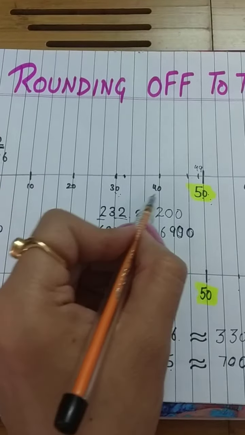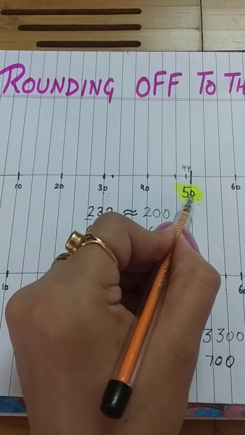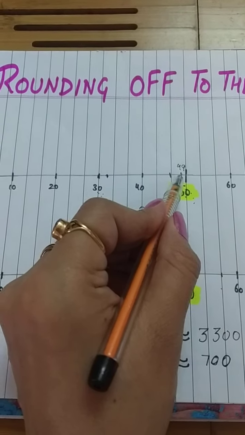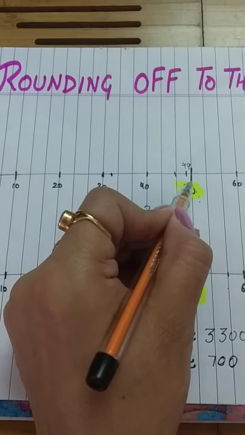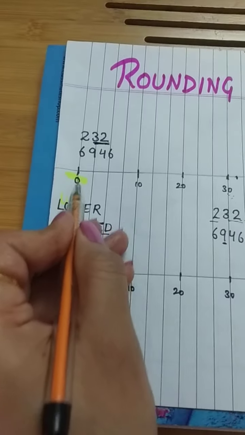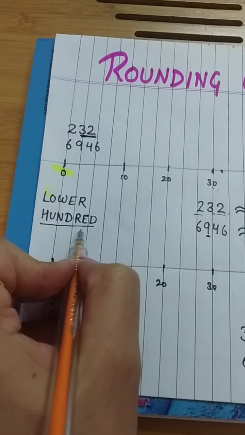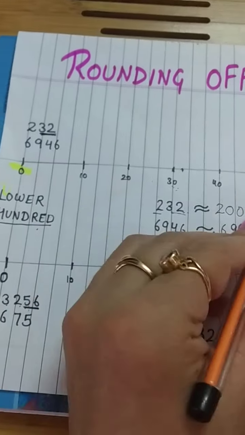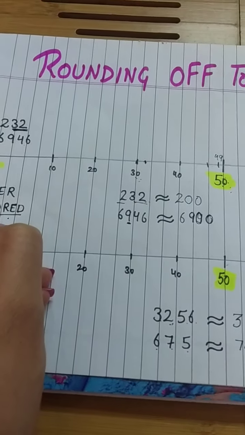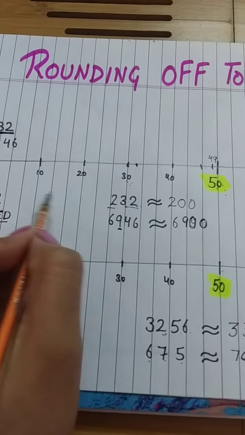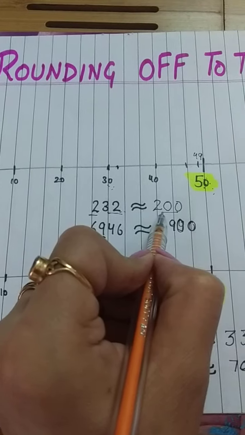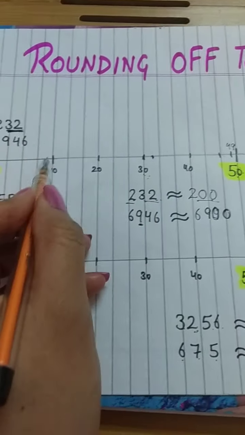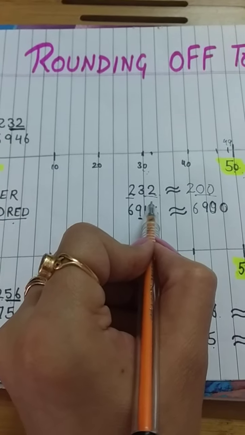So if the tens value is smaller than 50, up to 49, it will go to the lower 100, the previous 100. This is the rule we have to follow. So 232 will round off to 200.